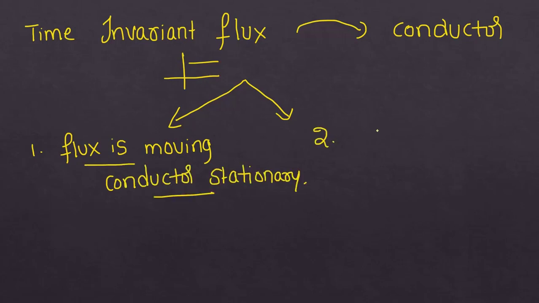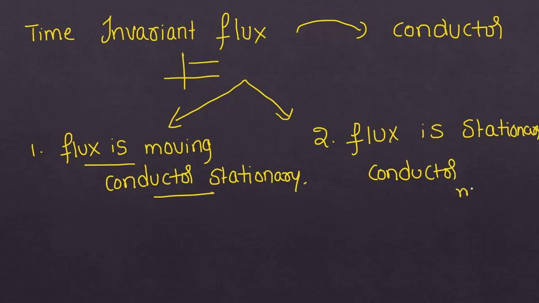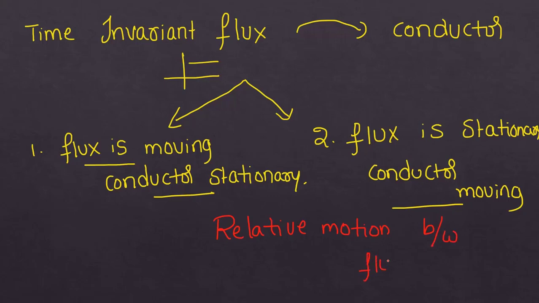In the second case, flux is stationary and conductor is moving. People call this relative motion between flux and conductor.